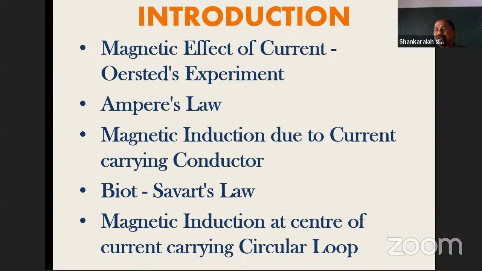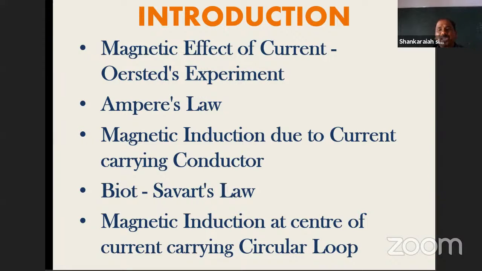But integration ds is equal to S, and S is the length of the circumference of the coil. Here the circumference of the coil is 2 pi r or 2 pi a. If the radius of the coil is taken as r, then we write 2 pi r; if the radius is taken as a, then 2 pi a.